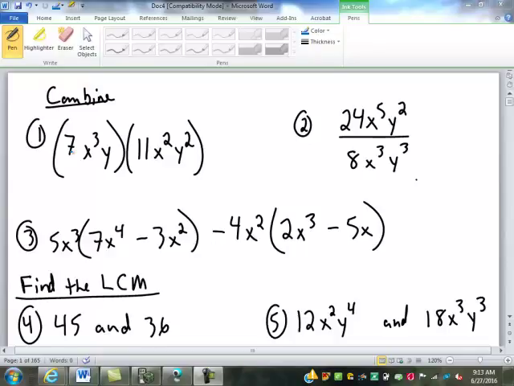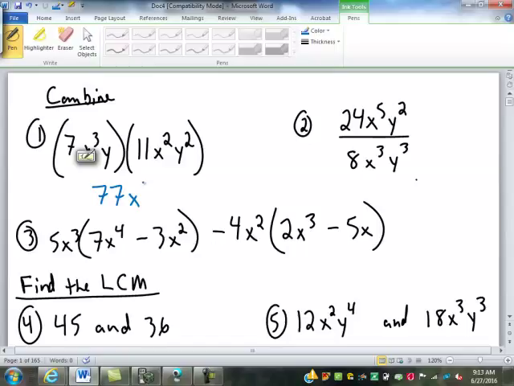So to do that, you multiply the numbers. What's 7 times 11? 77. And then we multiply the names. You take each variable separately. X to the third times x squared is, when we're multiplying variables with exponents, we add the powers.